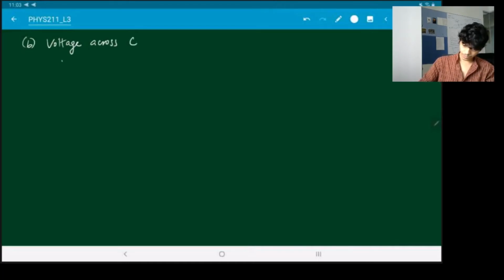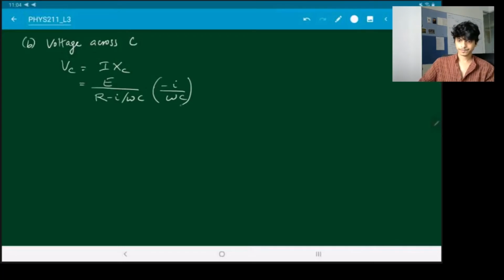Now the voltage across the capacitor is going to be I times XC. So I, as we saw previously, was E divided by R minus, and XC is this.